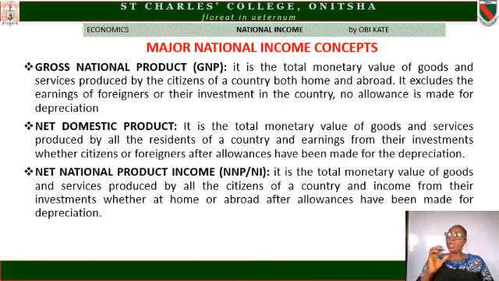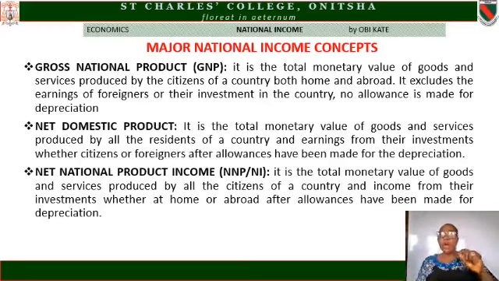Now, I want to explain something here. We have gross national product and gross domestic product. The difference between the two is that the gross domestic product concerns people resident in a particular country, whether they are citizens of that country or not.